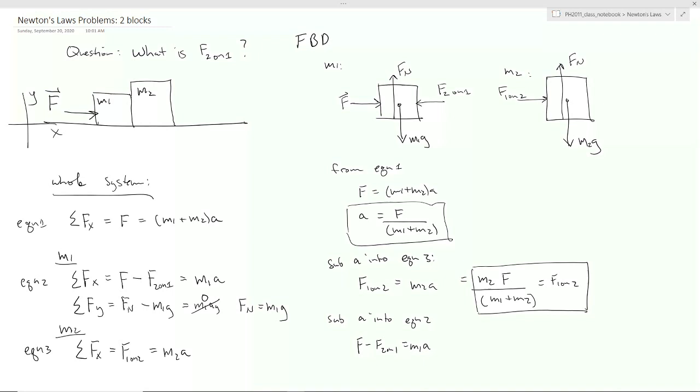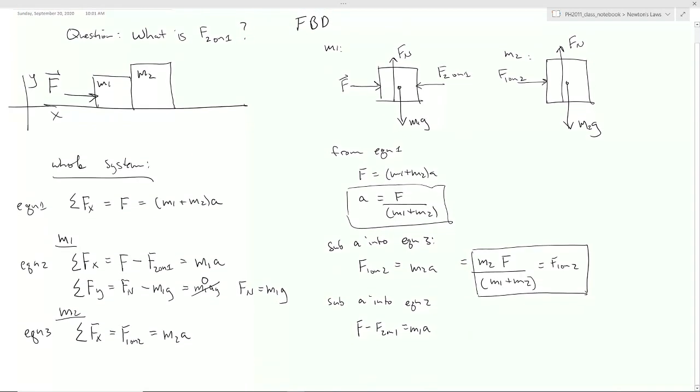When we substitute this in, our acceleration again is F over M1 plus M2. We can solve this for F2 on 1.